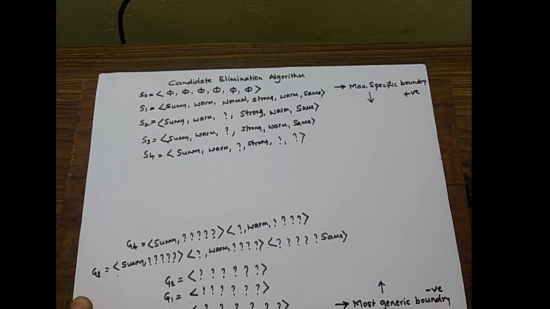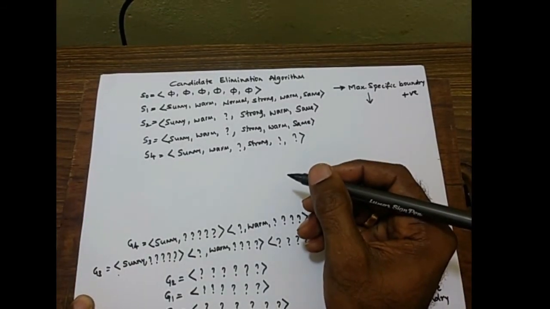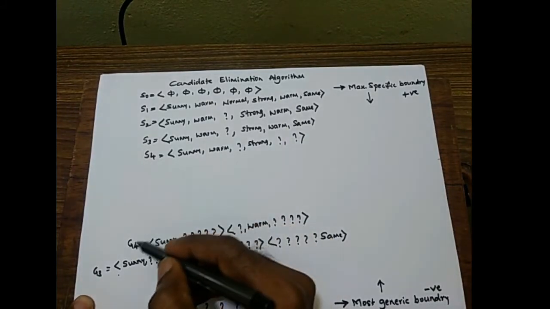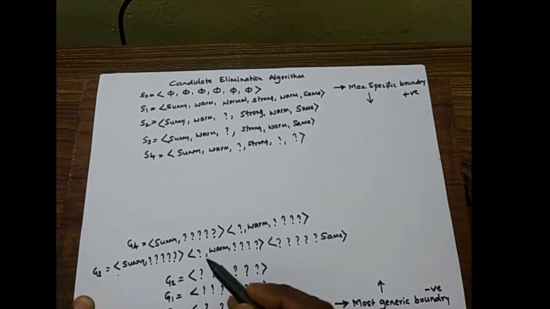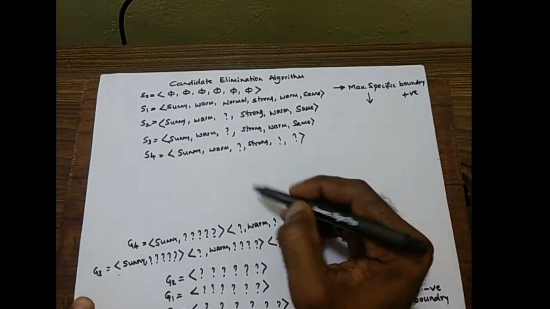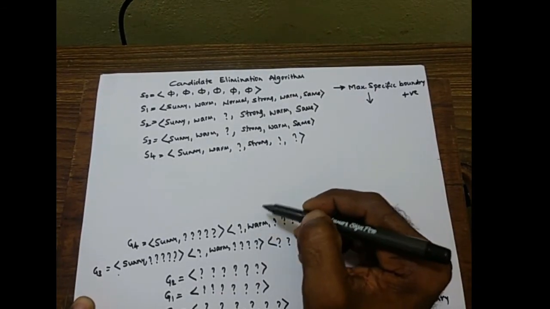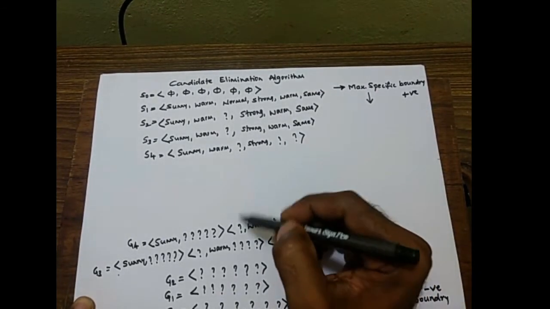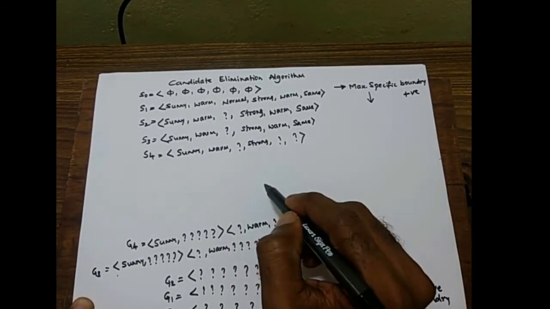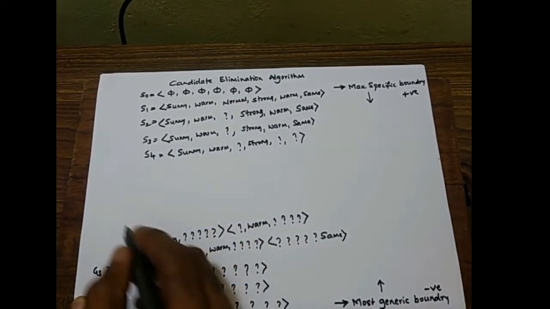We can find out hypotheses which lie in between these two, that is S4 and G4. If we compare, here we have got 5 question marks and here we have got 3 question marks. So hypotheses which contain question marks between these two, that is 4 question marks, can be accepted. Now, which are all the possibilities?